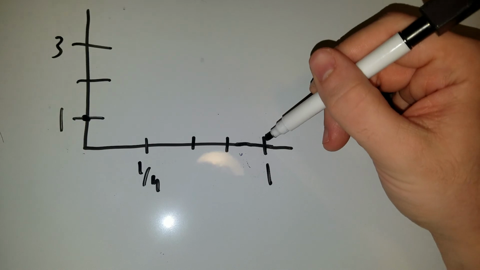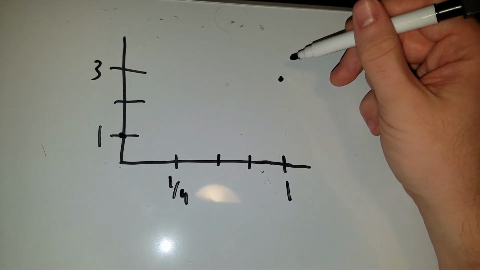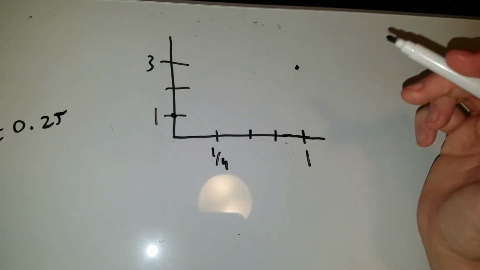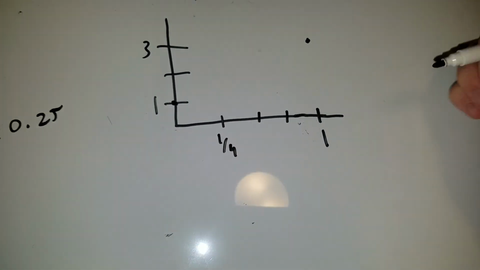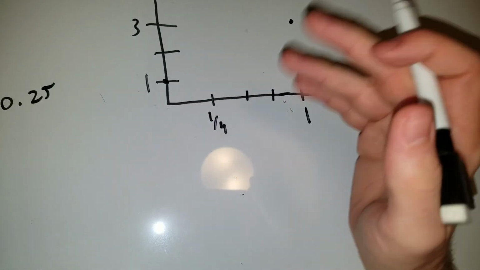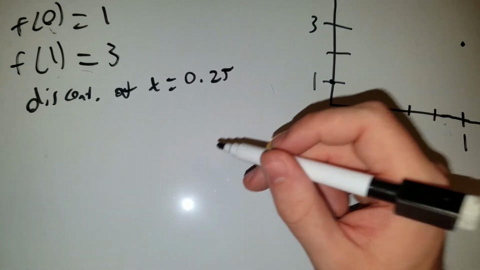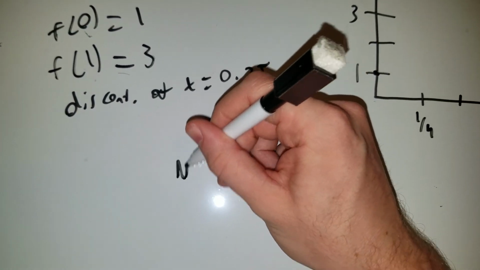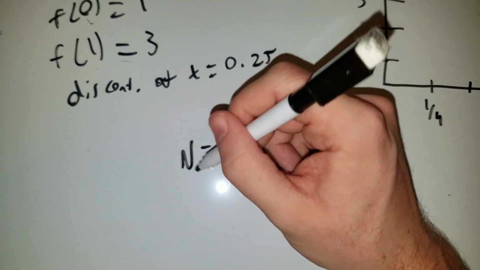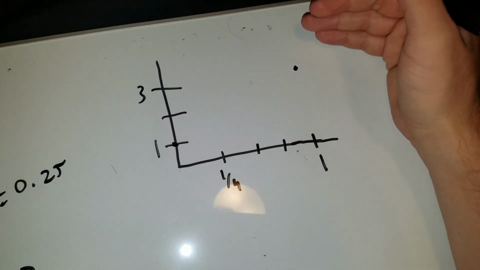So 1 and then 3 right around here. And we're basically supposed to say, like with the IVT theorem, we're supposed to prove that at a given number, and if you remember from the directions, the number is 2. So n is the number. It basically wants us to prove that there's a point on the graph where y equals 2.